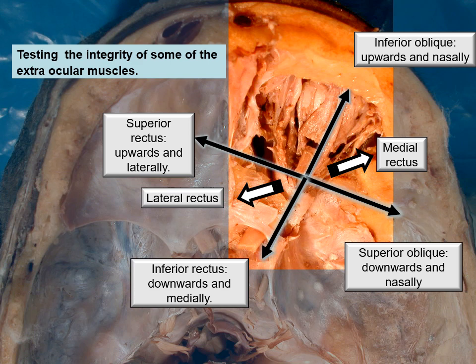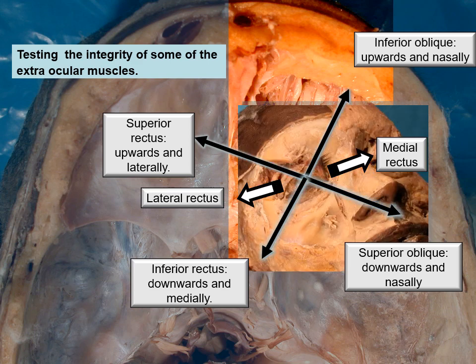Just to test the integrity of these extraocular muscles, in view of their actions, we will take a look at this diagram. This is a typical textbook-like diagram. Only difference is we will view it in the background of the movement of the eye as seen in this cadaveric photograph.